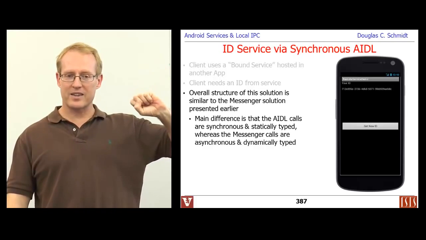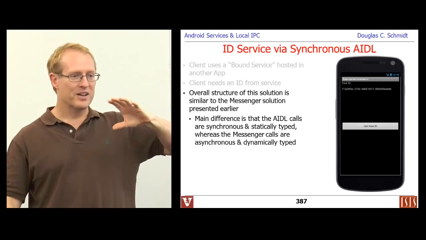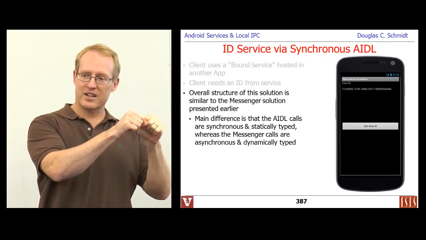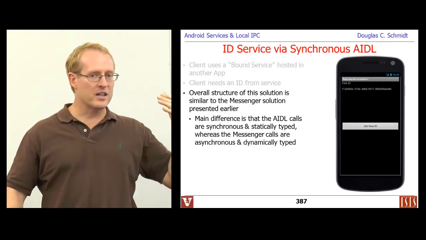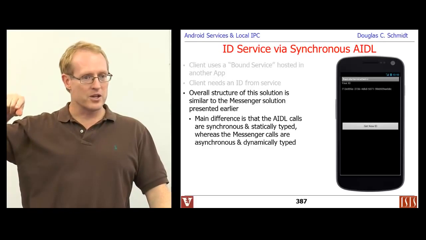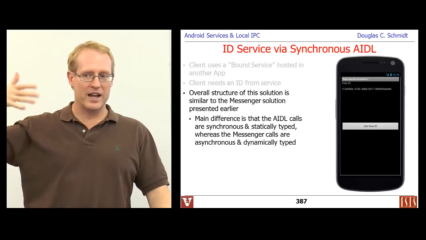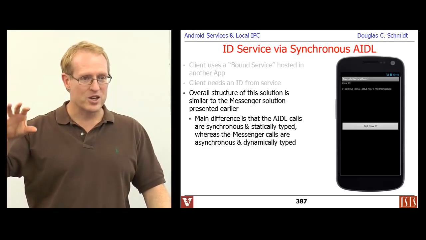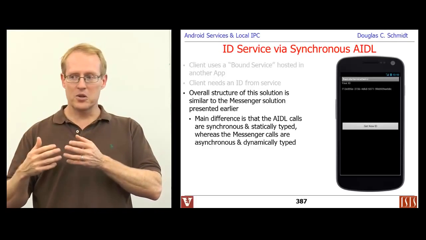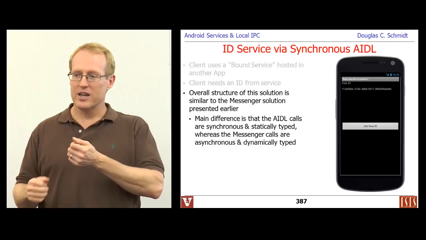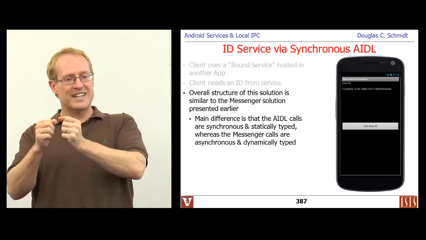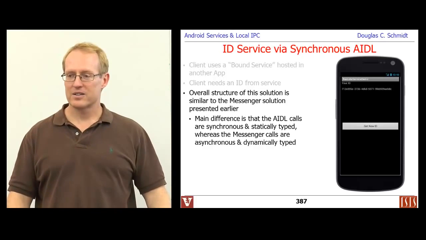The client got this, which by the way was a messenger, through its onServiceConnected hook method. It converted it into a messenger again, and then used that to send a message to the service. When the service got the message, which would come in through its event loop via a call to the handleMessage hook method on the handler, it would then go ahead and do whatever it wanted to do. And optionally, if you had set it up for two-way communication, you could then extract a messenger from the message you got and call send to pass the reply back to the client.